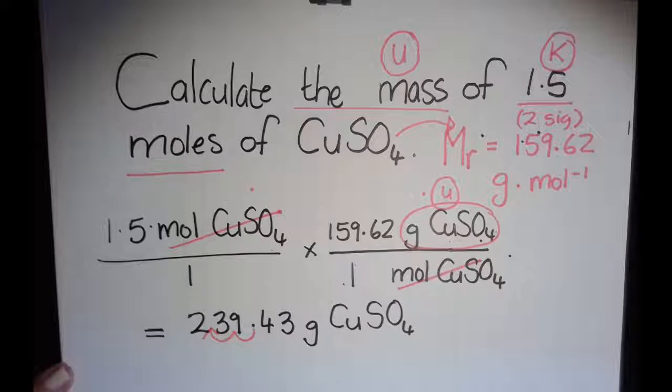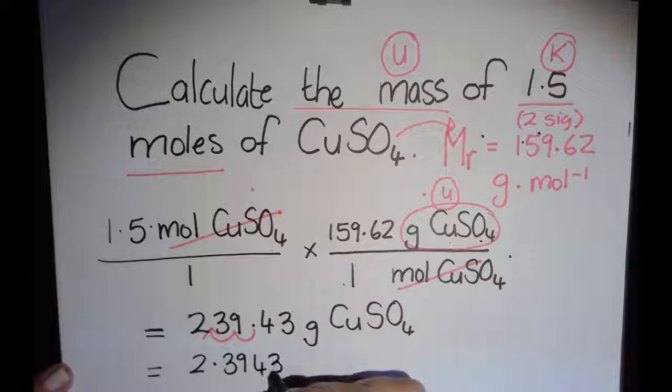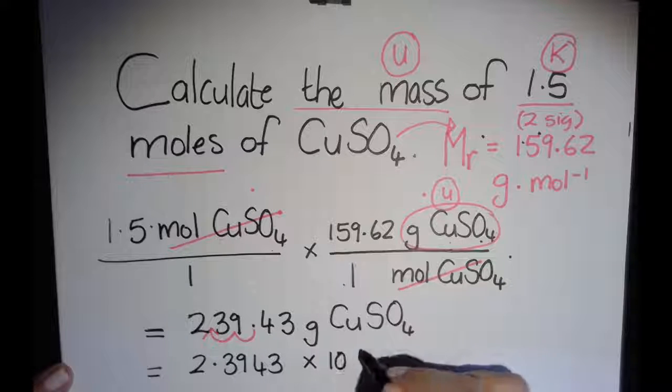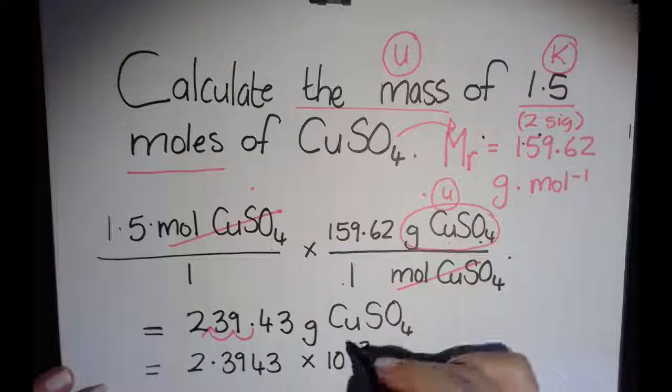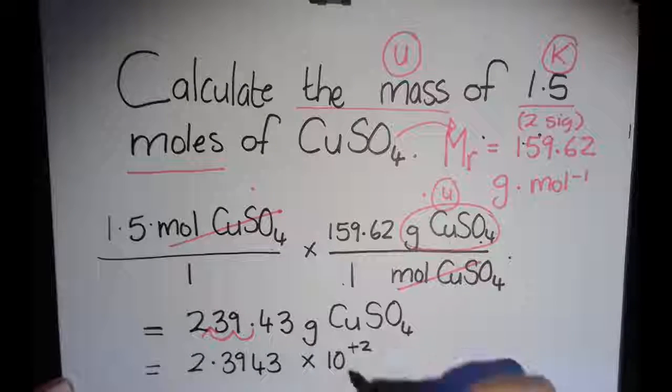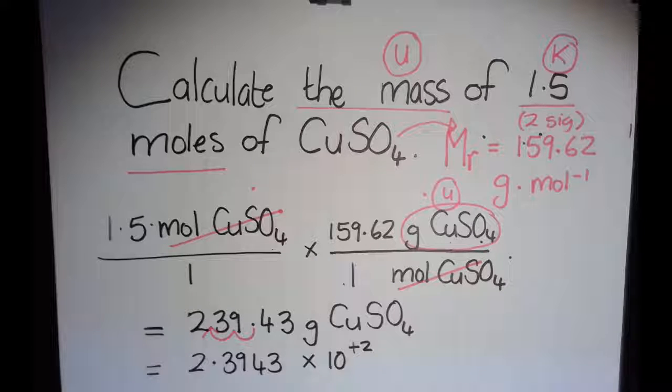If I move my comma 2 forward, it's going to be 2.3943 times 10 to the power of 2, plus 2 because I moved it forward, and I made a big number smaller, so it's a positive value.